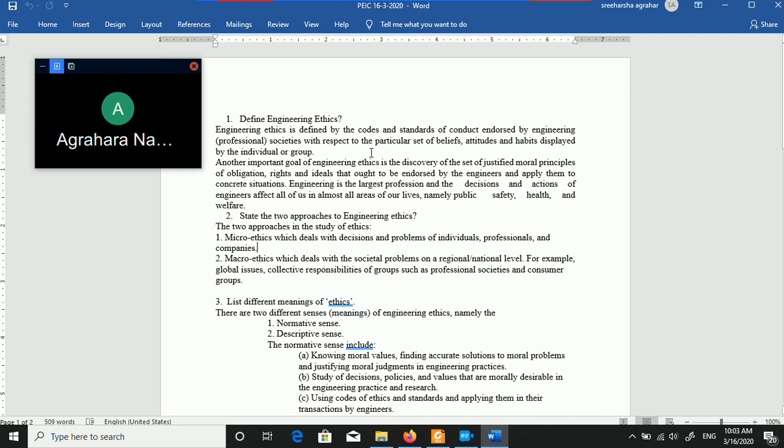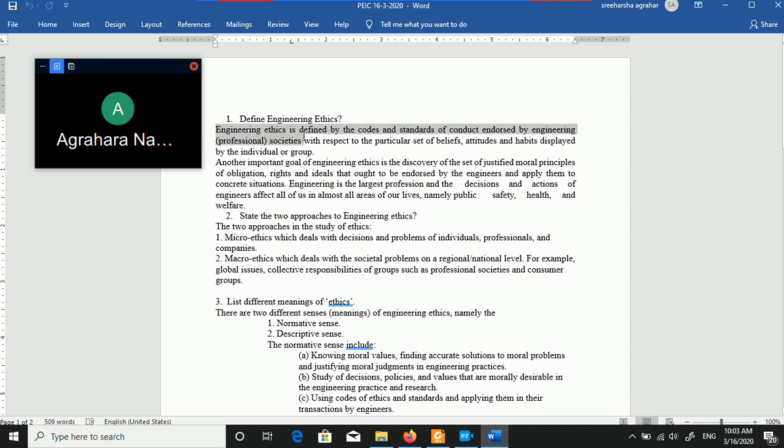Today we are discussing human values. The first question, let us say, define human values. So here we need to say what exactly is the definition of... define engineering ethics. So here we have to define what engineering ethics is.